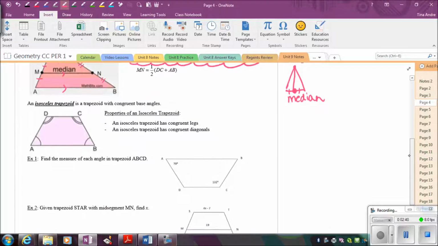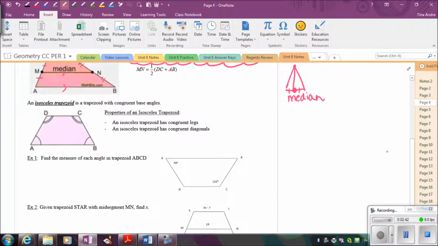Then we look at isosceles trapezoids, which means, just like an isosceles triangle, two equal sides, two equal base angles. An isosceles trapezoid, so let me actually sketch a picture of that since we're talking about triangles as well. So an isosceles triangle has two equal sides, two equal base angles. When we look at an isosceles trapezoid, the definition says it's a trapezoid with congruent base angles.